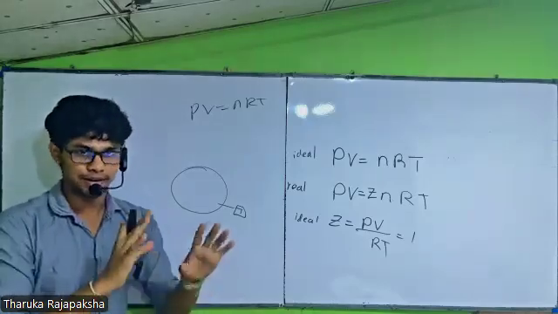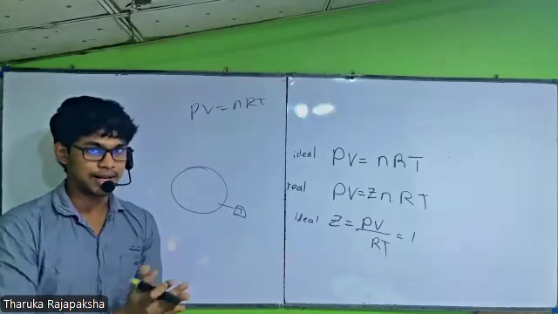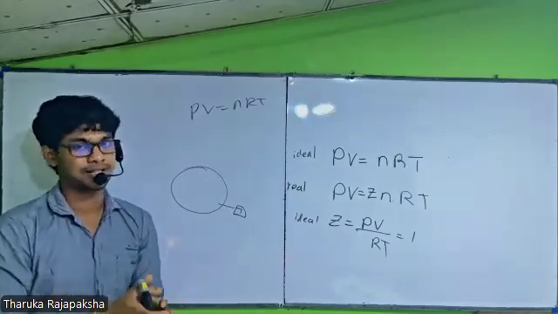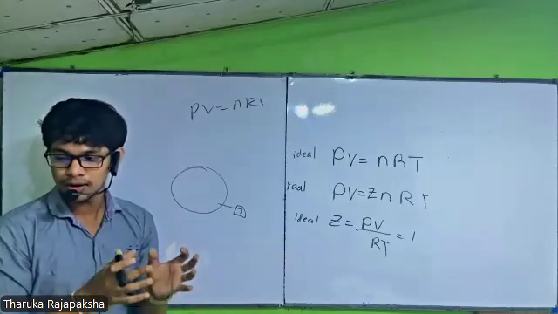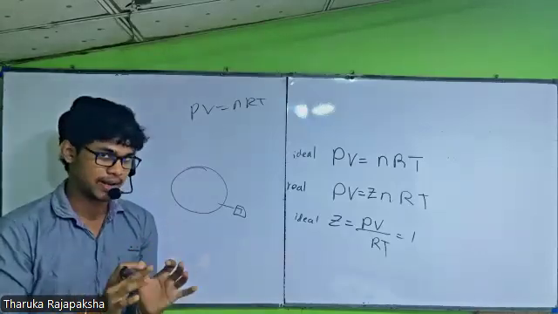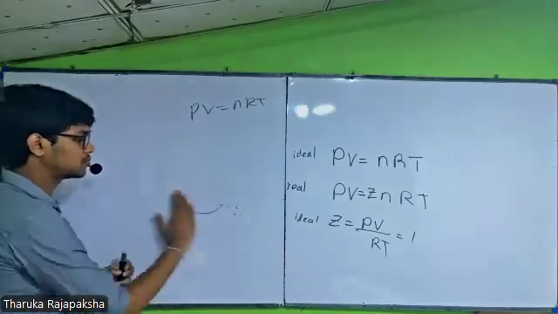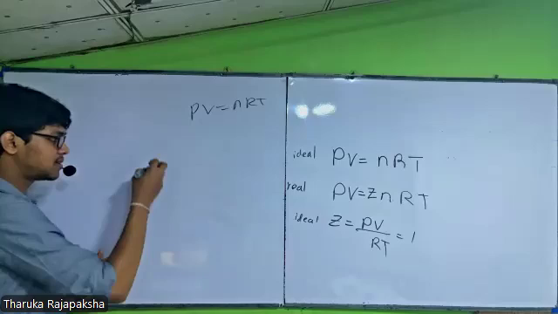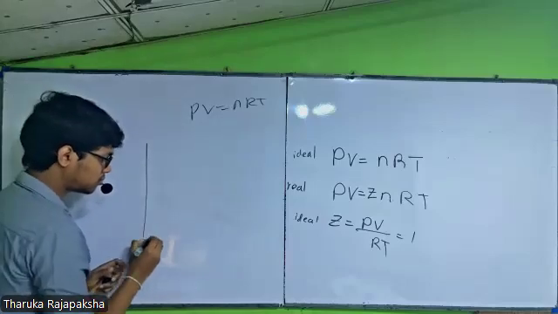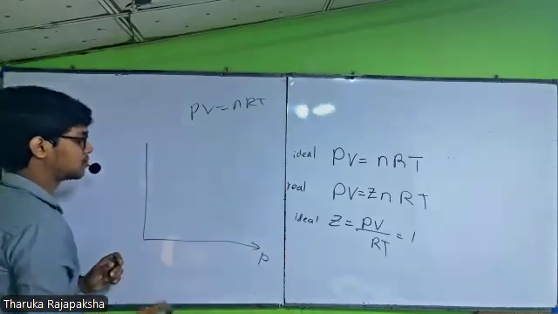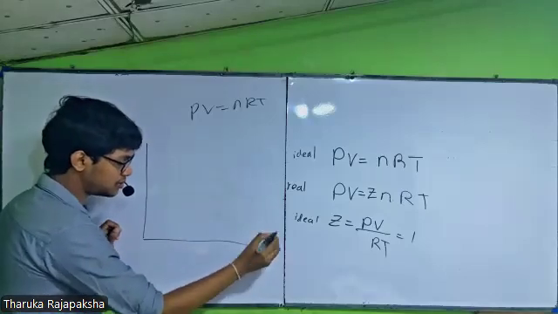It goes differently. And that difference, if we graph it, we are getting something called compressibility factor variation. If I draw a graph like this, what is this? Pressure. Sorry, yes, pressure. This is pressure.